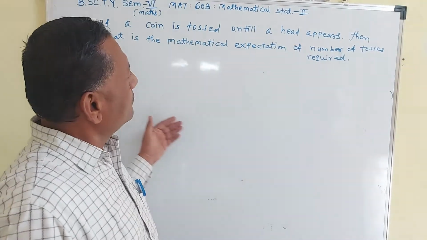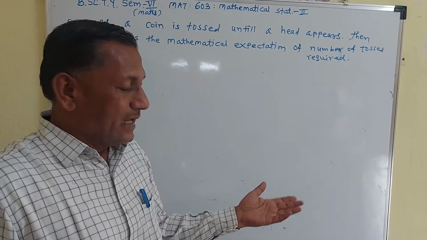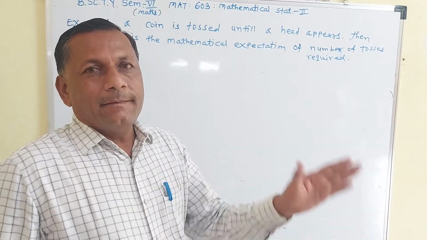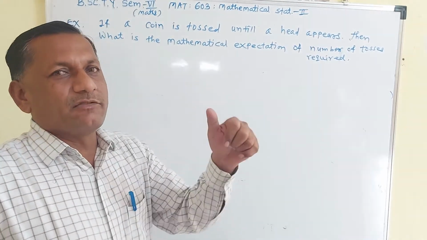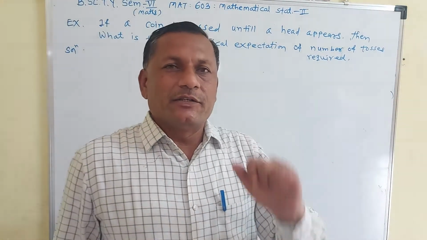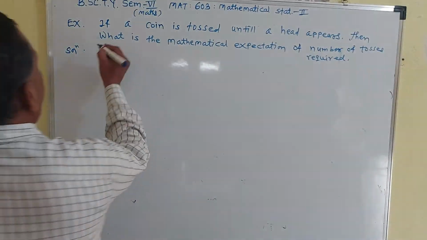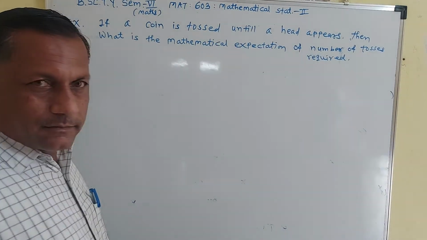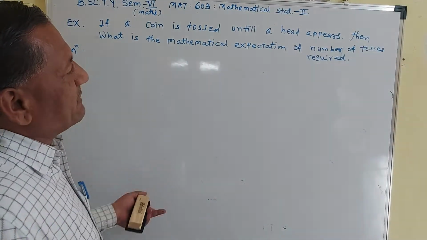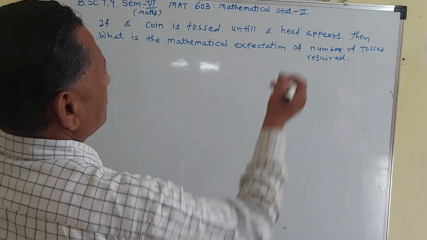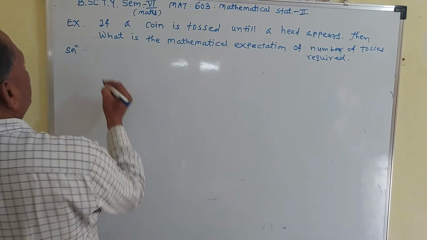If in the second toss you get a tail and then you obtain a head, TH, then you have 2 tosses required. Then what is its probability? 1 by 2 into 1 by 2. So in this way you obtain the values of X, and by the definition of mathematical expectation you find the required mathematical expectation of the number of tosses required.